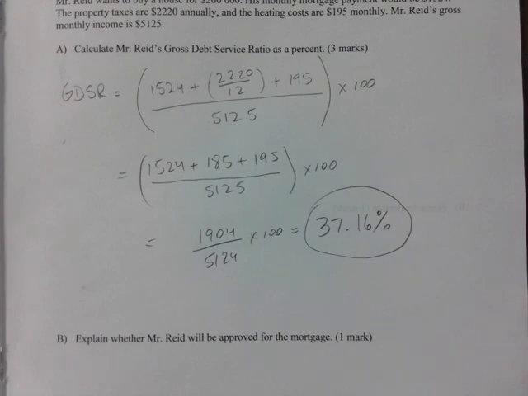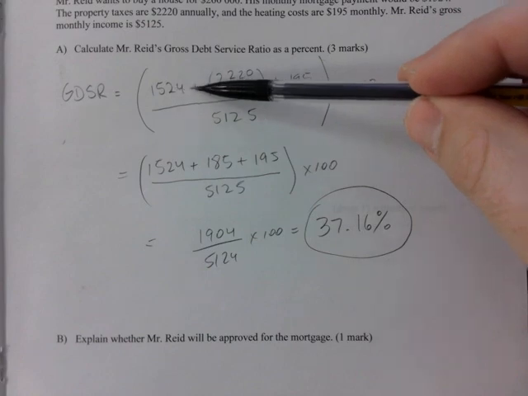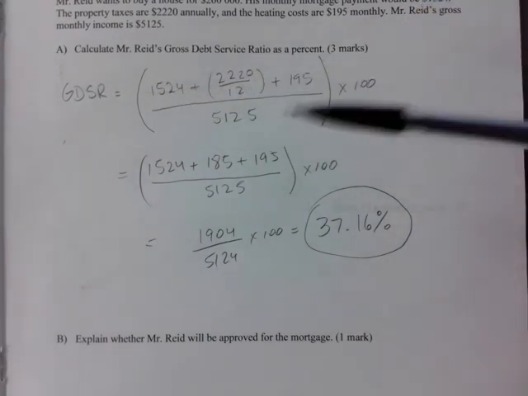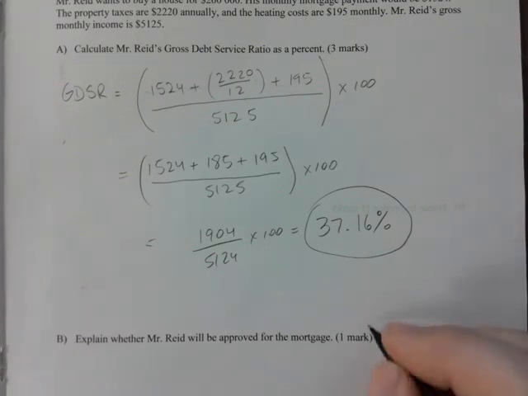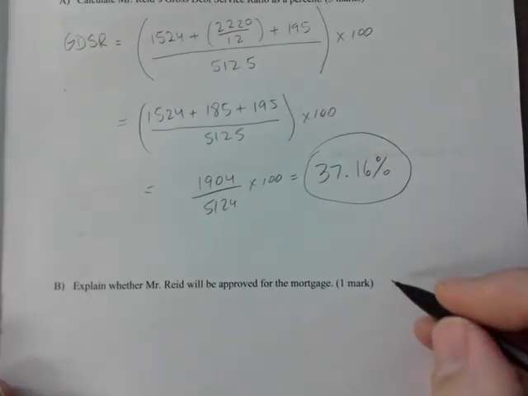That's what I got. Yeah. What is the GDSR again? What it does is it compares your housing costs to your income. And so I'll just say that here below because they're asking you to explain.